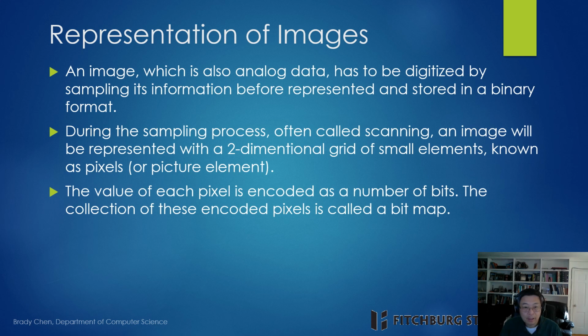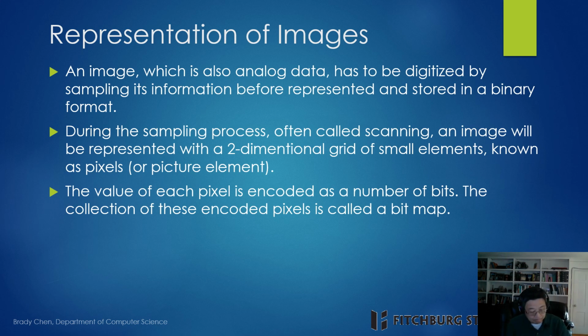So during the scanning, an image will be represented with a two-dimensional grid of small elements, and we call these small elements pixels, or picture elements. The value of each pixel is encoded as a number of bits. Okay, so the collection of these encoded pixels is called the bitmap.